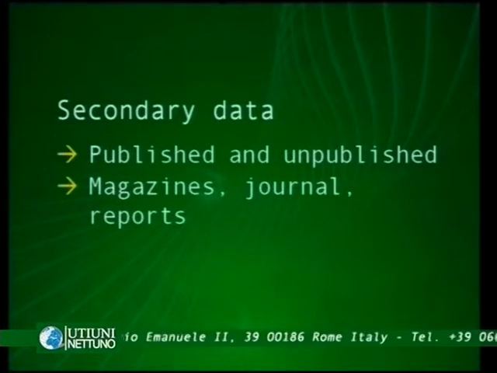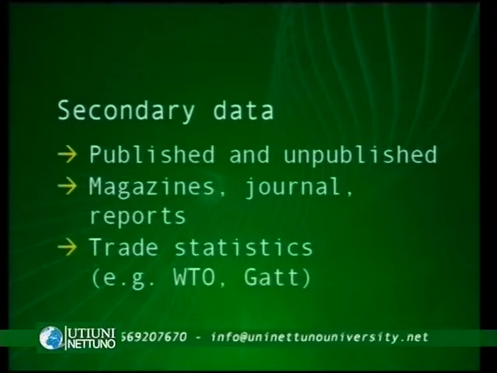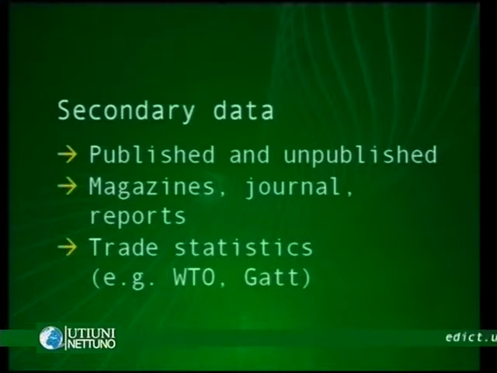Another source of secondary data might be magazines, journals, reports, and so on. Trade statistics, like the ones elaborated by the World Trade Organization, for example, are important sources of secondary data.